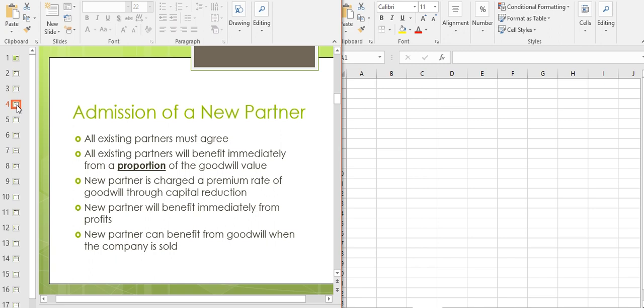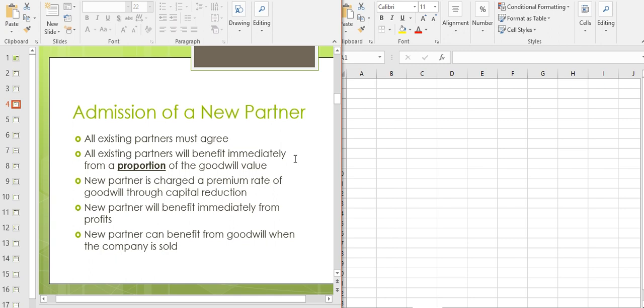So as I mentioned, this video is going to focus on what happens when a new partner joins. Okay, before any partner joins, the existing partners, they all have to be on board. If a new partner joins, what happens is they will bring in capital, and some of that capital will be given to the existing partners.